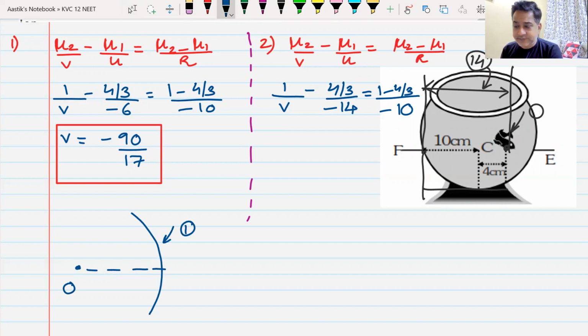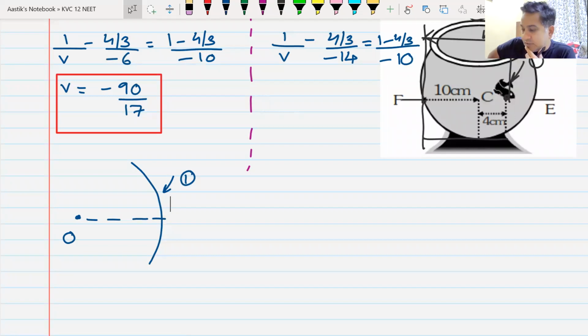Is it positive or negative? Is R positive or negative here, beta?